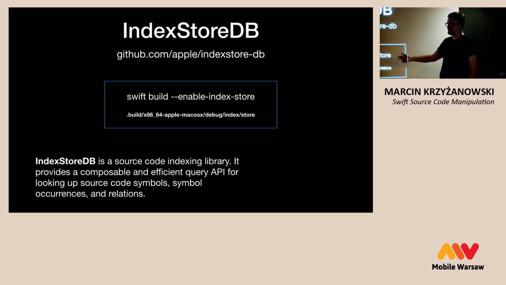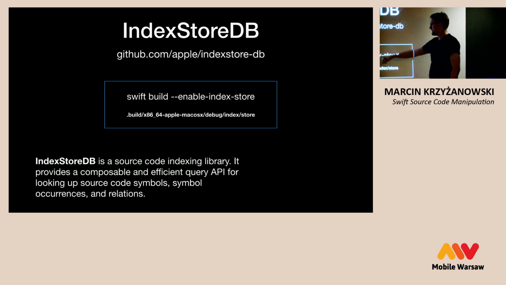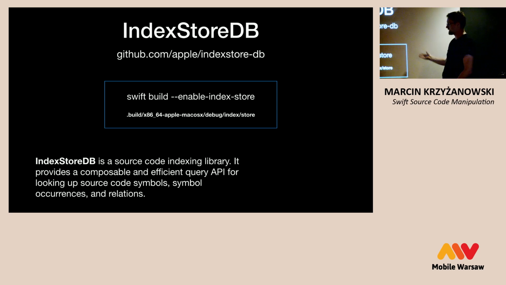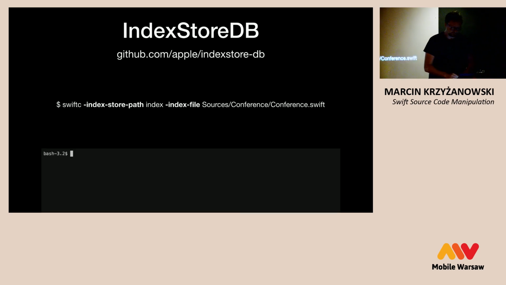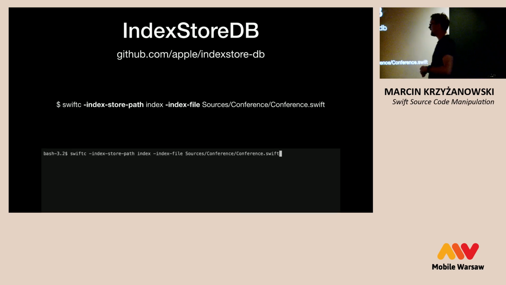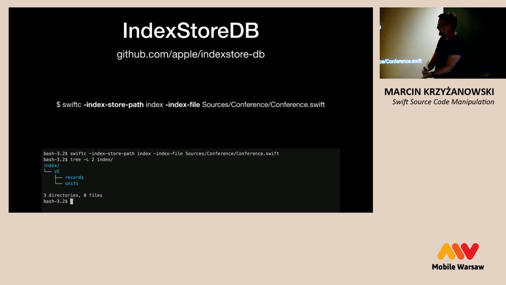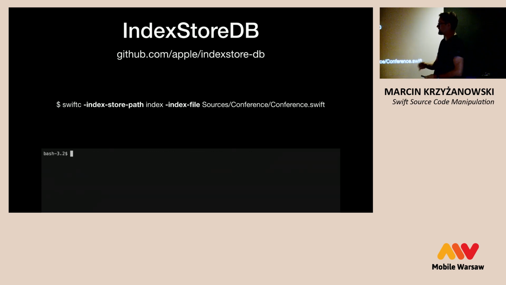If the project is Swift for the Swift package manager, we just need this enable-index-store, and it happens. The store is located at that path, somewhere in .build blah blah blah index store. But you can also do that for a single file, to put the database in a location that is convenient for you.